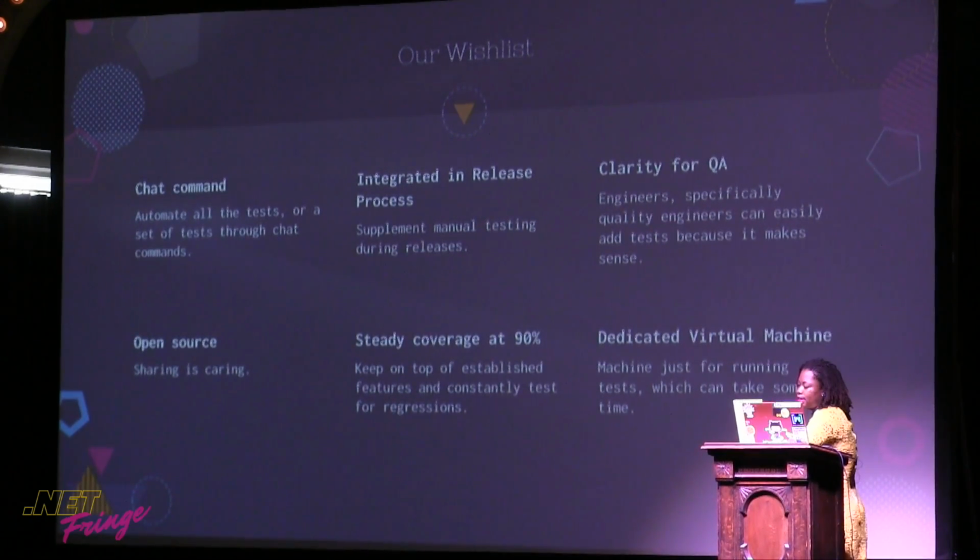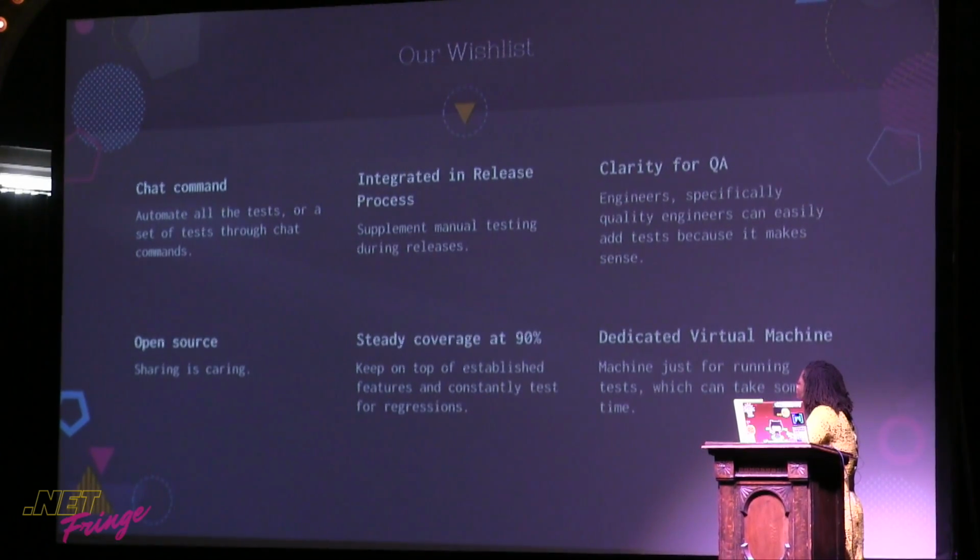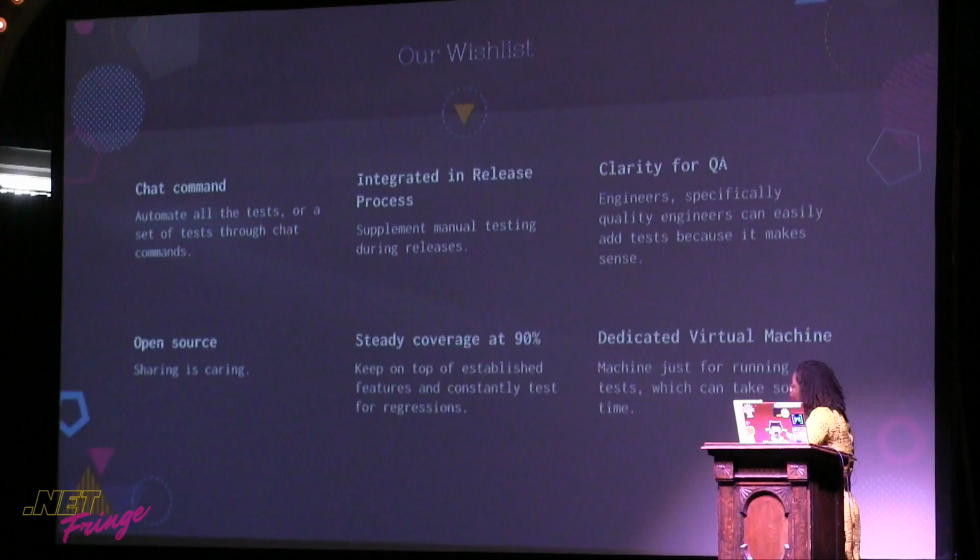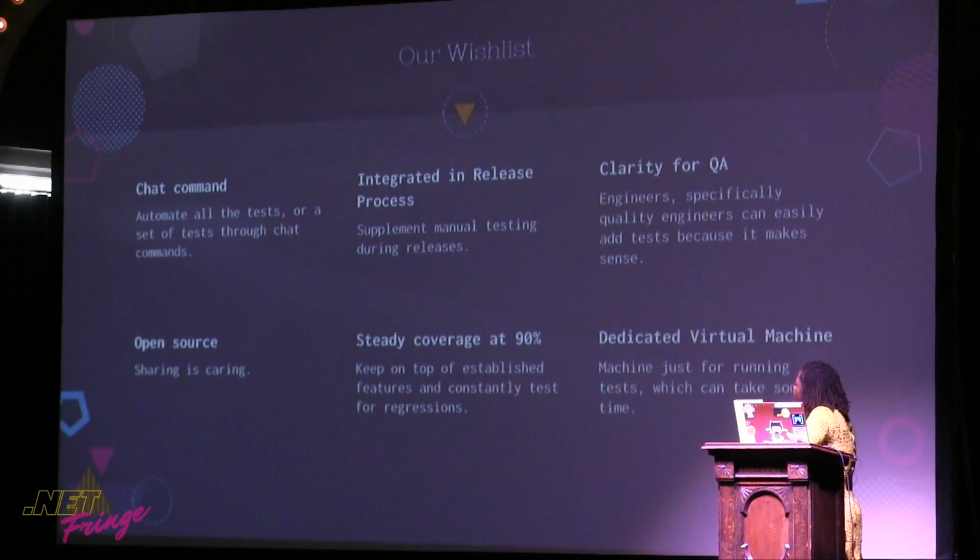We have a few things that we want to continue to add to our test automation. Mostly, things like chat commands, being able to fire off some tests or a subset of tests, having it integrated in a release process, maybe when we cut a release, automating installing a new version of the extension and running through test cases.